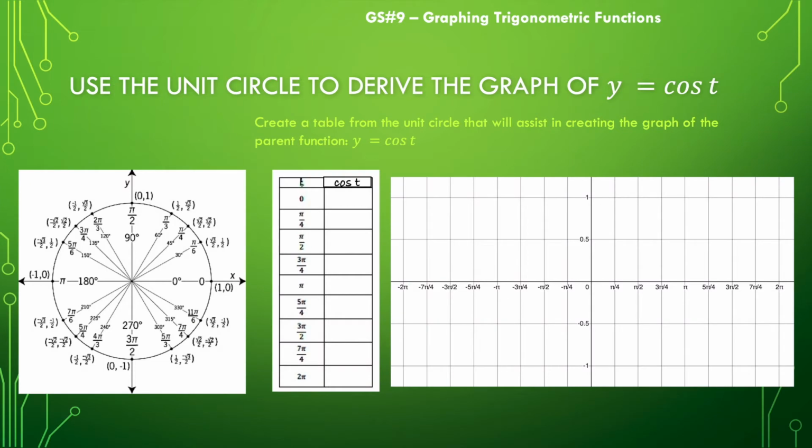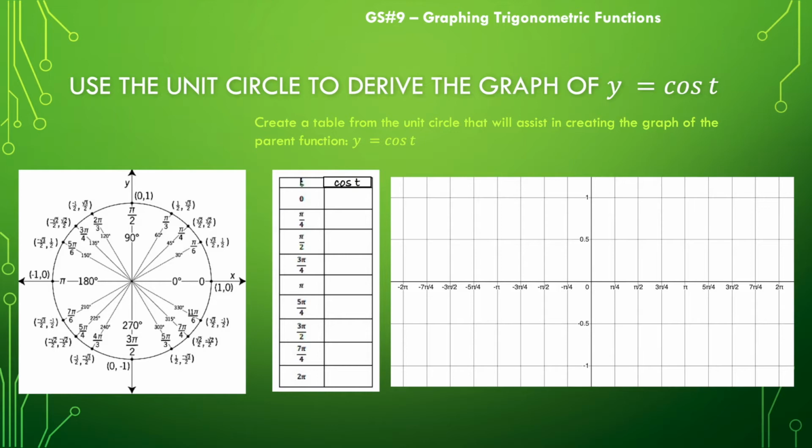Just as we did when we discussed the graph of the sine function, we are going to use the unit circle to come up with some coordinates that we can use to graph the function y equals cosine of t.